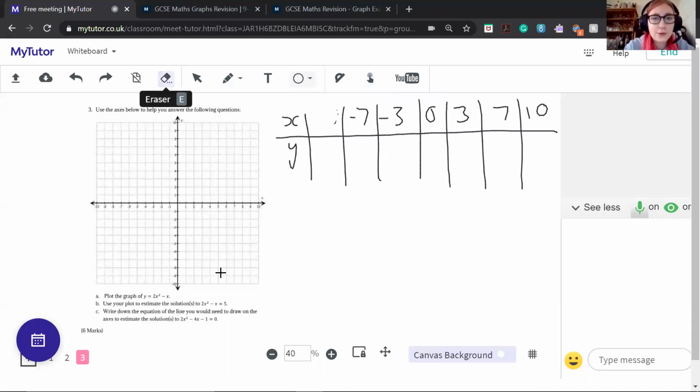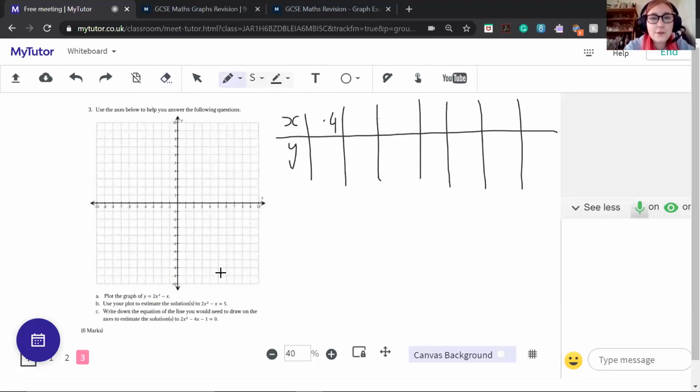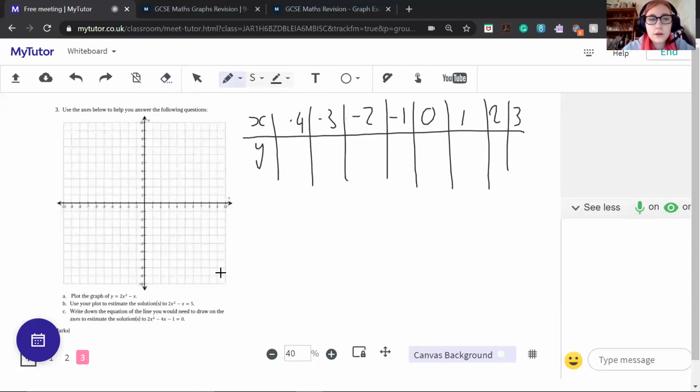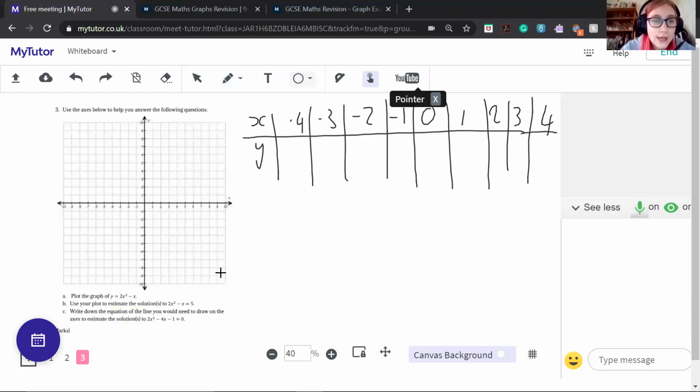Perhaps I'll change what I do on here. So you see, it's a lot of trial and error working out which points to choose. So let's go from minus 4 and do every one back up to 4. When x is minus 4, minus 4 squared is 16, times 2 is 32, minus 4 is 36.